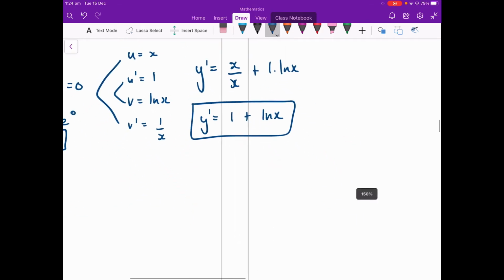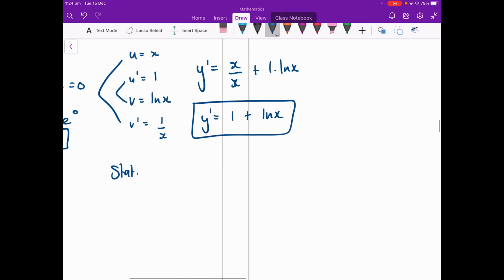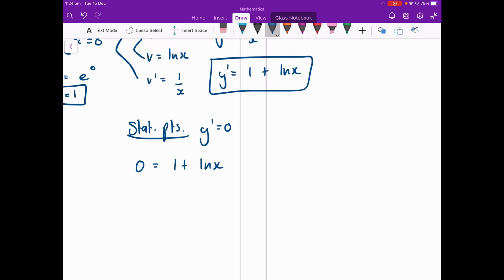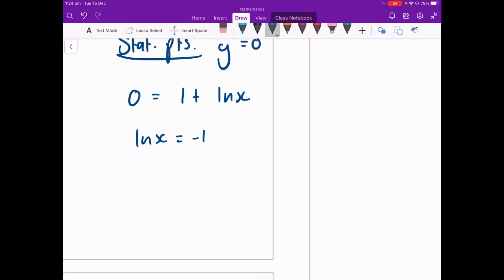Now, to find any stationary points, I'm going to let that equal 0. So here I'll have 0 is equal to 1 plus ln x. I'll take the 1 to the other side by minusing 1 from both sides. ln x is negative 1. Now remember this is log to the base e. So I'm going to have e to the power of minus 1 is equal to x.